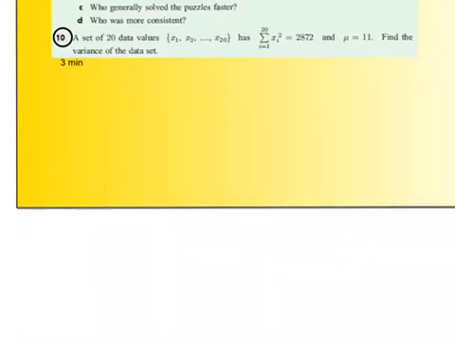Okay, last problem that I want to do for today. And this is kind of intimidating, but it's actually not quite as bad as you'd think. Okay, so I want to find the variance of this data set.